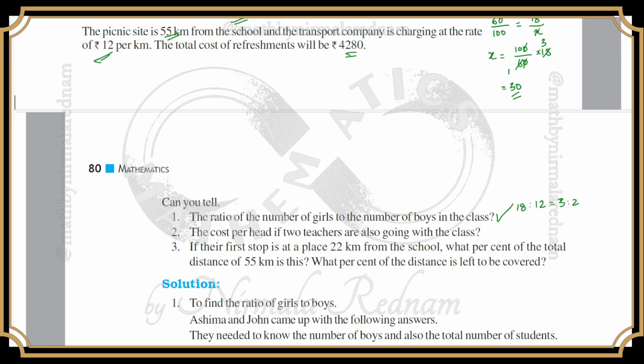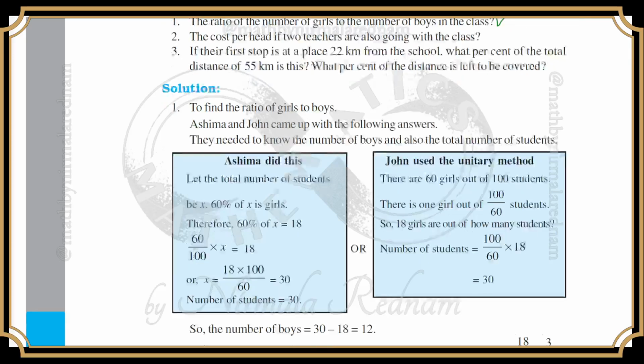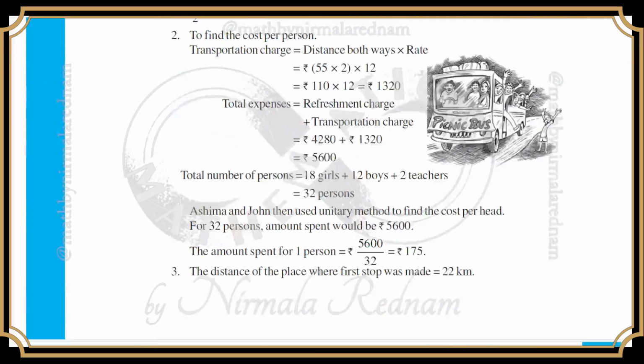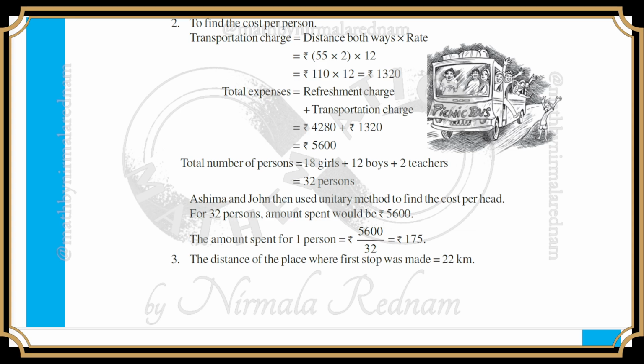The next question that they're asking us is the cost per head if two teachers are also going with the class. So you have the total strength of 30 plus 2, which becomes 32. So you have to be dividing it by 32. Let us look at cost. What are the costs that they're going to incur? One is transportation, and the other is the refreshments. Refreshments is straight away given to us as 4,280. What about transportation?